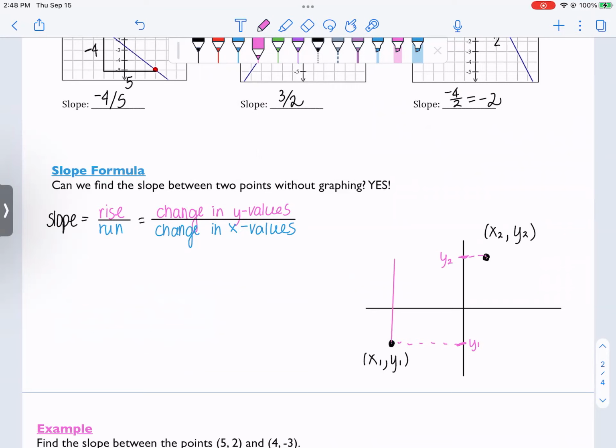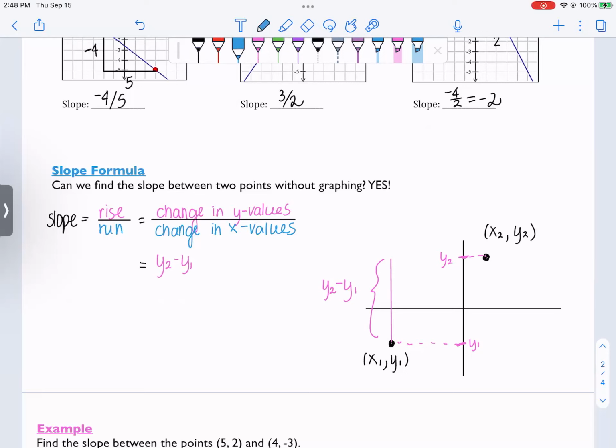And we want to know this direct distance upward, this distance right here. If we take the bigger number, y2 minus y1, that will give me the change in y values. So y2 minus y1 is the change in y values.